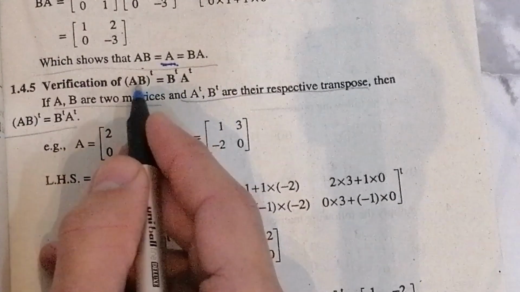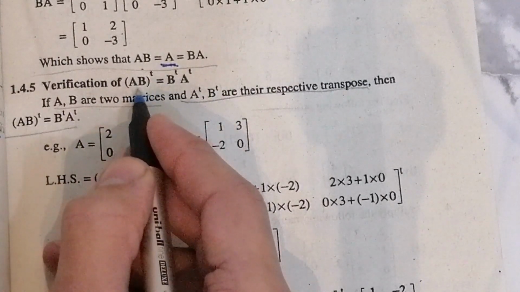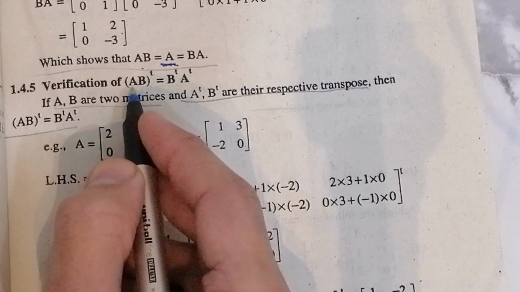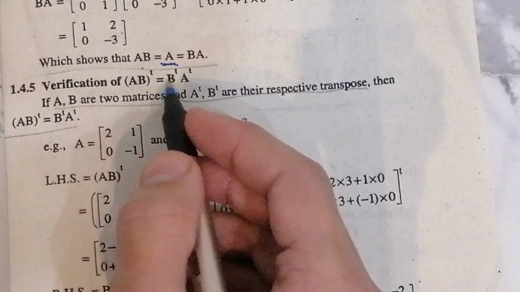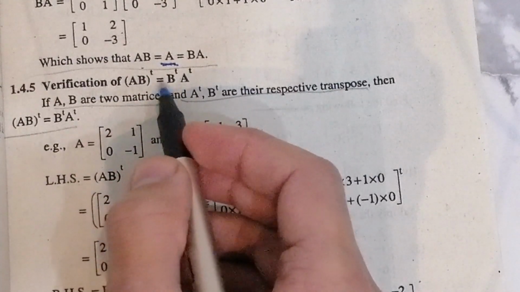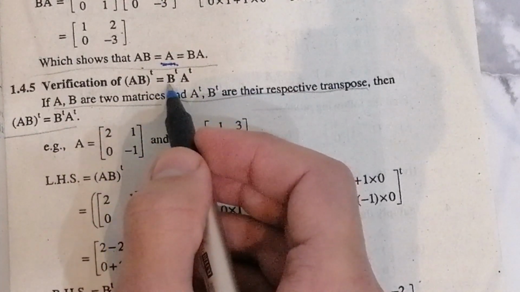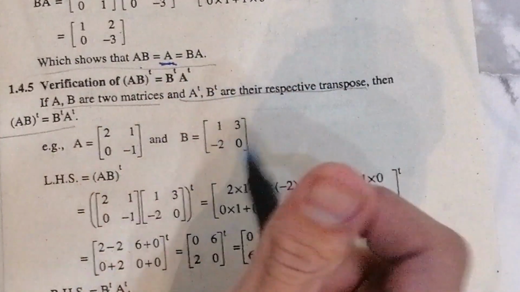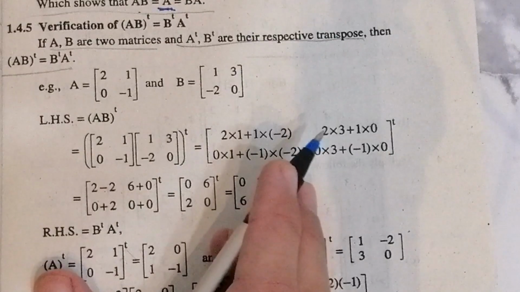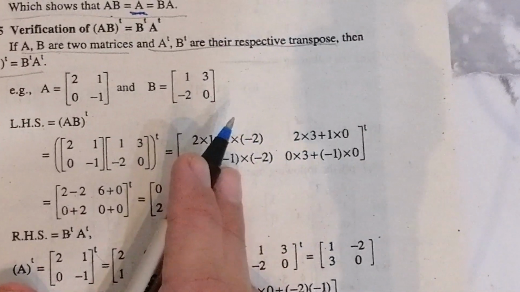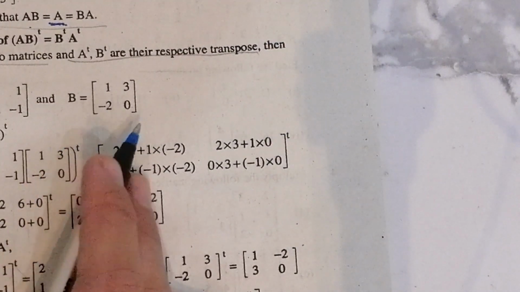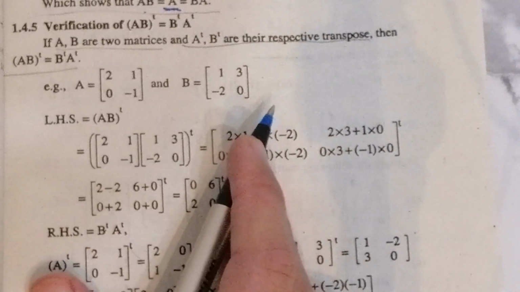It means if we first multiply the two matrices A and B, then take the transpose of the answer matrix, it will be equal to the transpose of B multiplied by the transpose of A. Let's show it in the example. If A and B are two matrices, and A transpose and B transpose are their respective transposes, then (AB) transpose is equal to B transpose A transpose.